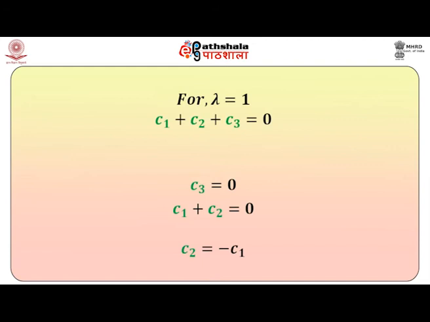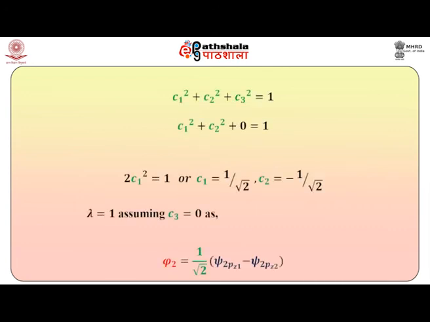Similarly, we can also calculate the wave functions for lambda equal to 1 value. So for lambda equal to 1, as you can see, our detailed calculations show that C1 is equal to 1 upon under root 2, and the corresponding value of C2 is equal to minus 1 upon under root 2.